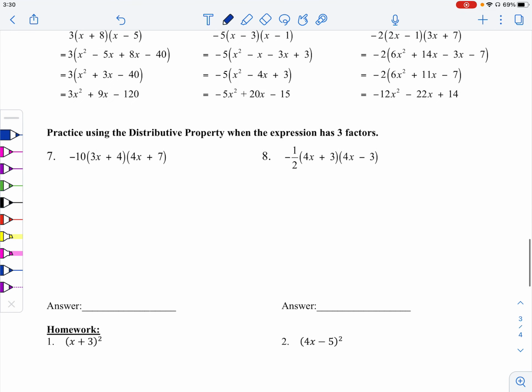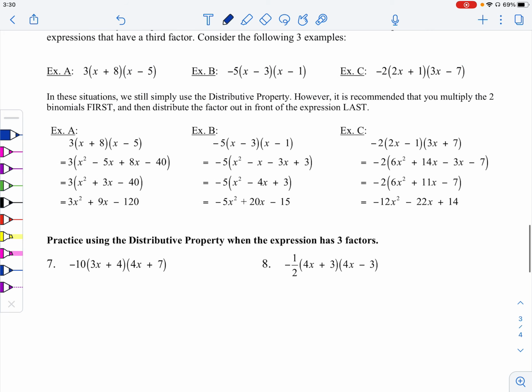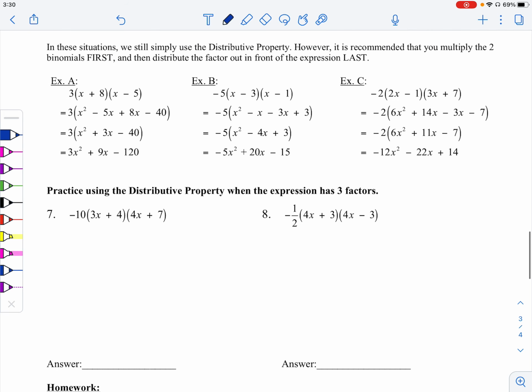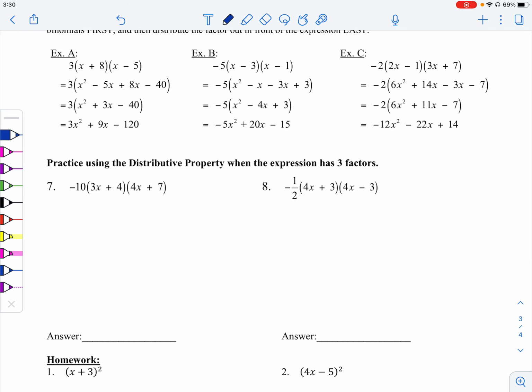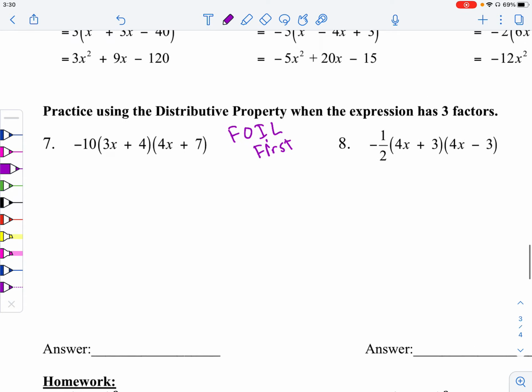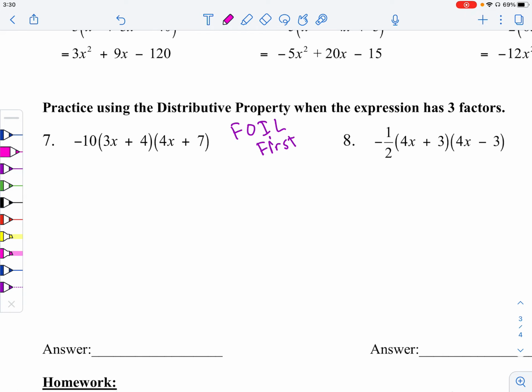Okay, and now these ones, if we have three terms, what you want to do is FOIL first, right? So just do FOIL first. So we're just going to distribute first, right here. Imagine that's not even there for now.